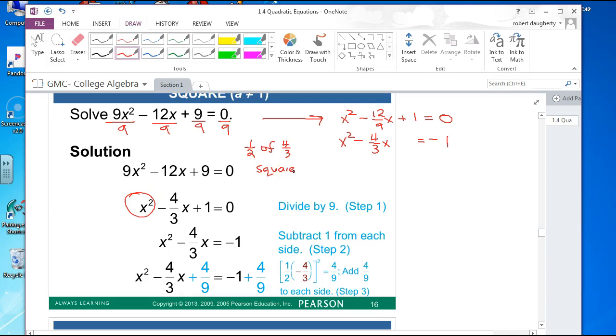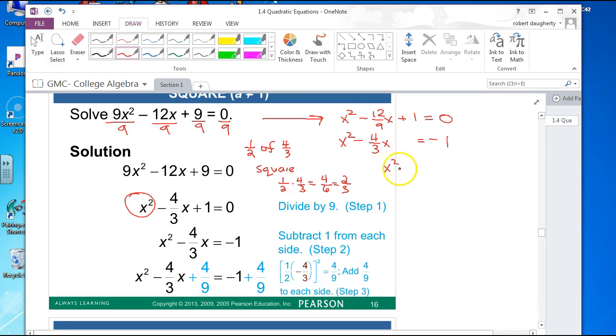So what is 1/2 times 4/3? Okay, so 1/2 times 4/3 is 4/6, or 2/3. So I need to add 2/3 squared to both sides.